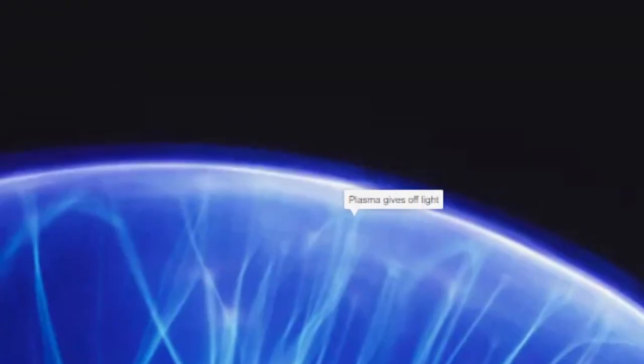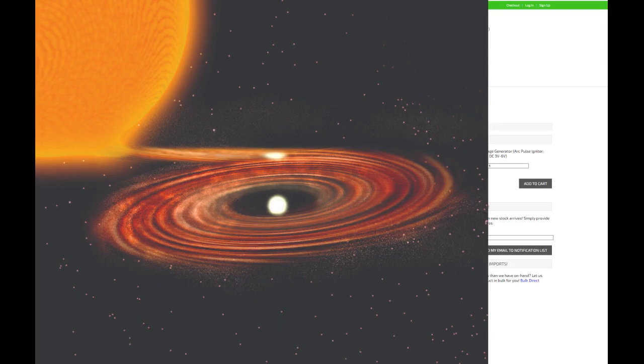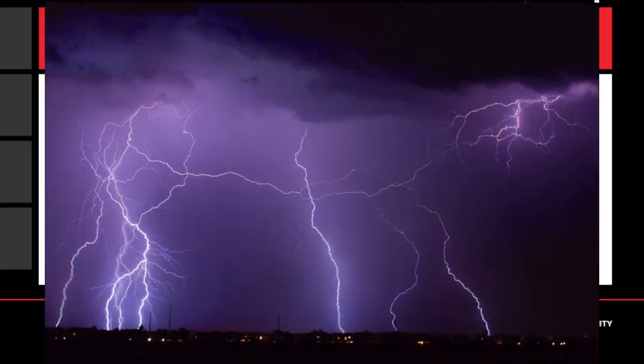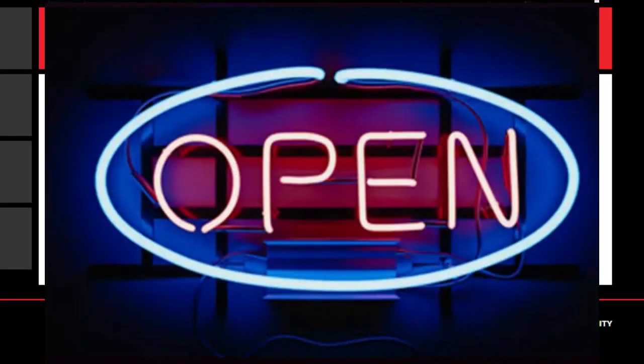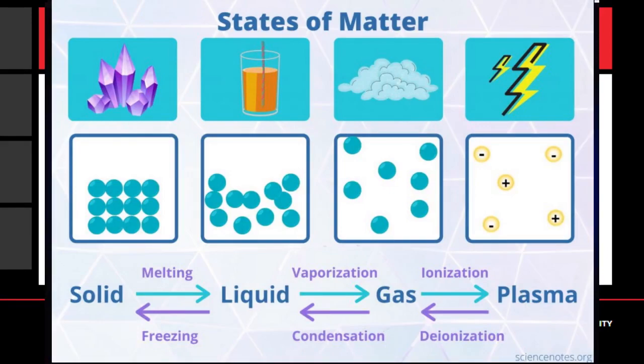In the night sky, plasma glows in the form of stars, nebulas, and even auroras that sometimes ripple above the north and south poles. That branch of lightning that cracks the sky is plasma. So are the neon signs along the city streets. And so is our sun, the star that makes life on Earth possible.